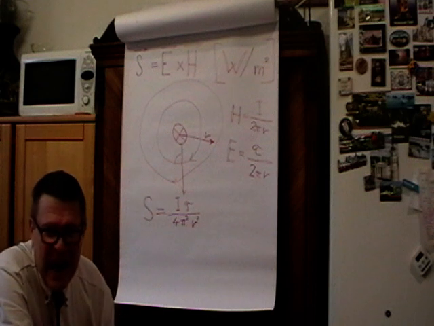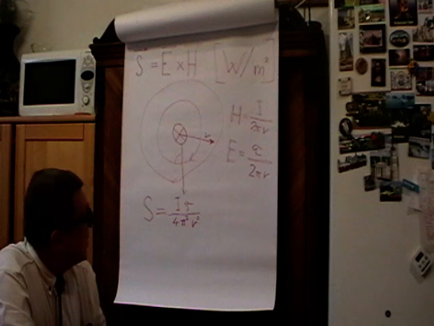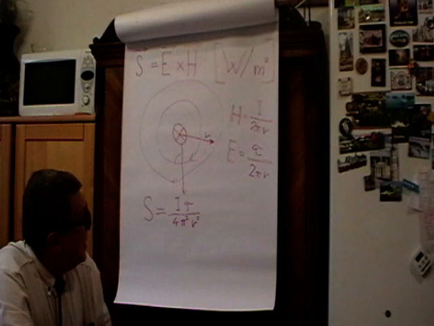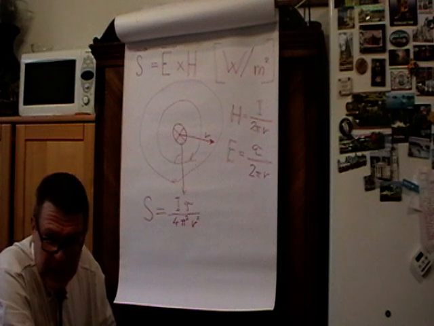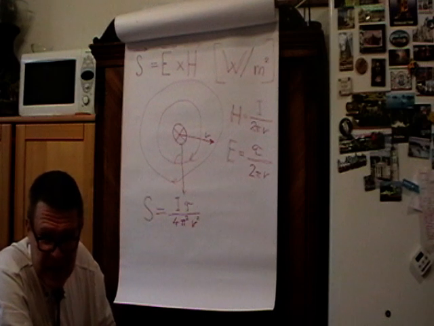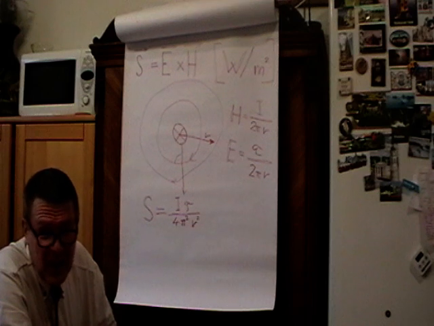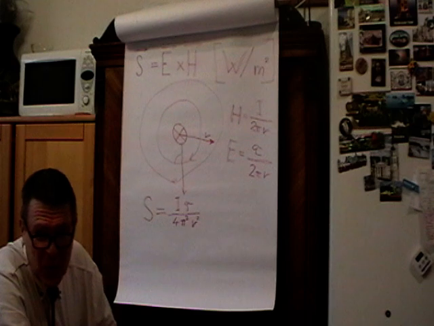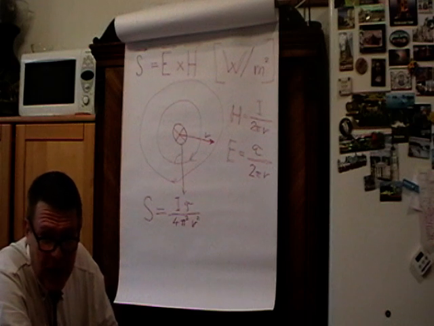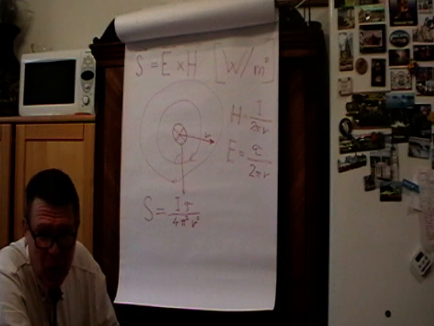So if this is the case, I would like to comment a little bit on this situation in the case it is not as ideal as we have investigated so far. What if we have not an ideal conductor, but we have a good conductor?